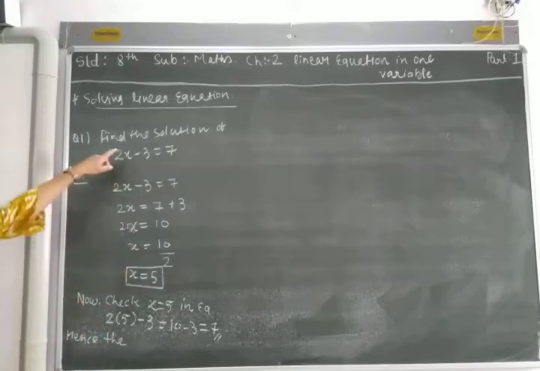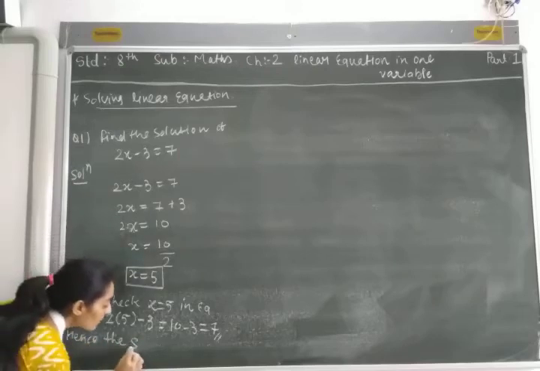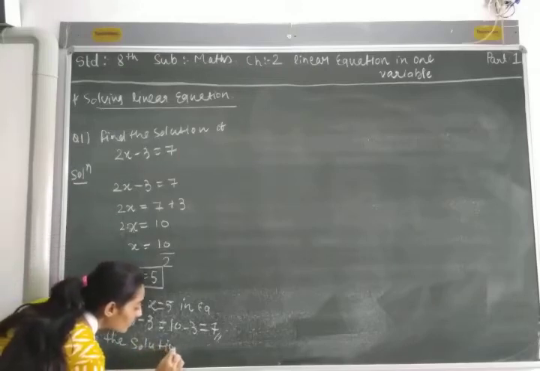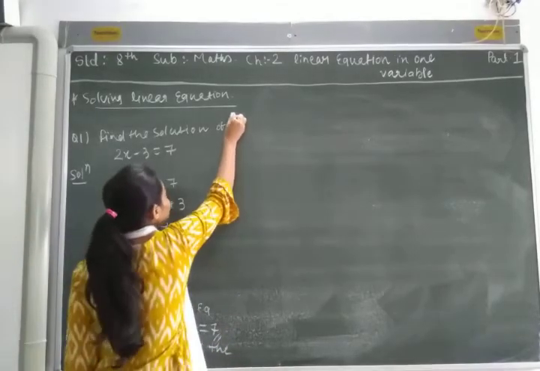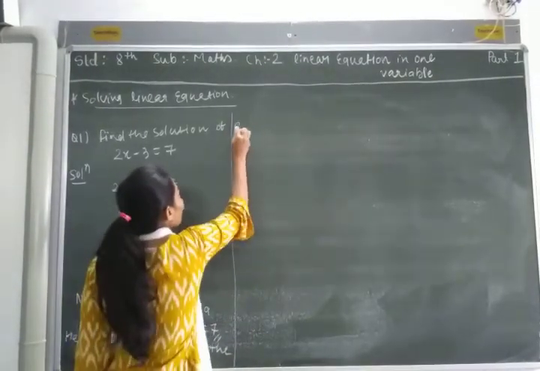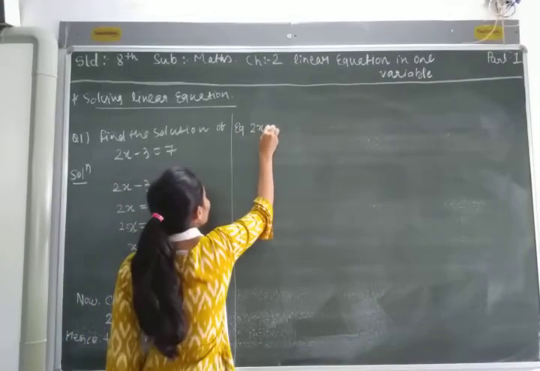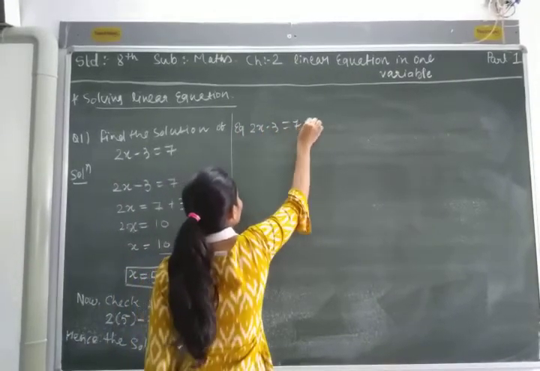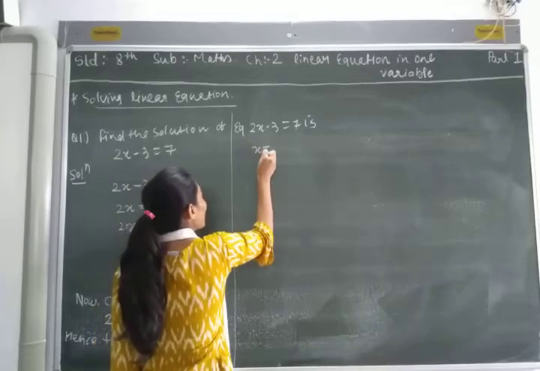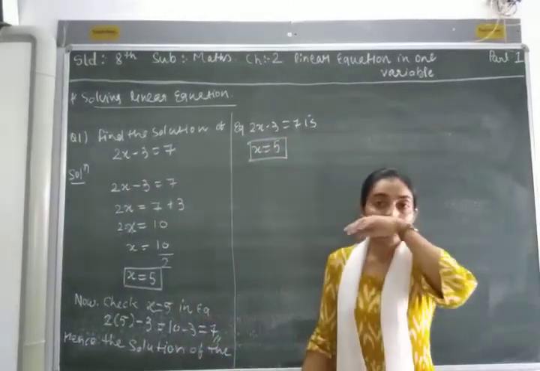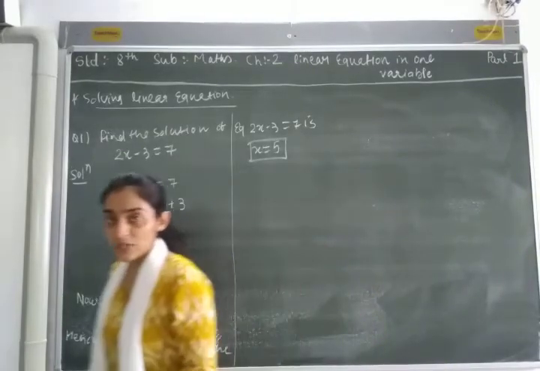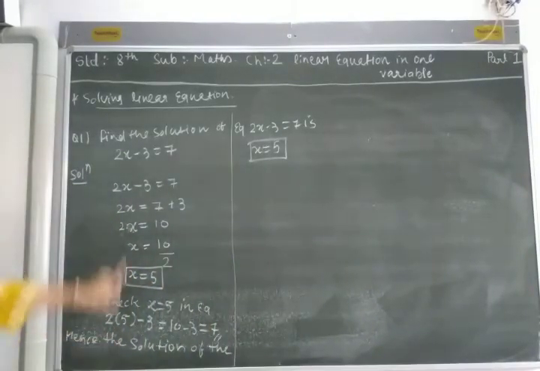Hence the solution of the equation 2x minus 3 equals 7 is x equals 5. See, solution means whatever value of x you get, that is the solution of that equation. Okay.